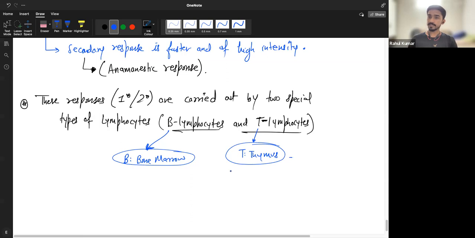If T lymphocytes are dead, then your immune response towards any other thing will decrease. So people who have AIDS do not just die of AIDS. AIDS in itself does not cause the problem, but they die of any other infection because now their immune system is compromised. They either die of pneumonia or other kinds of infectious diseases.